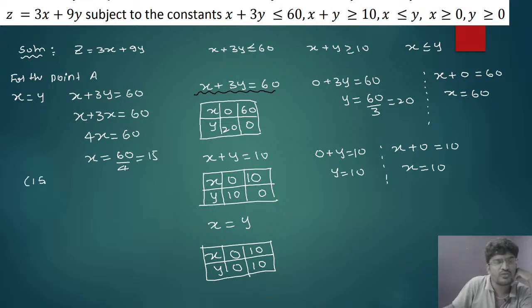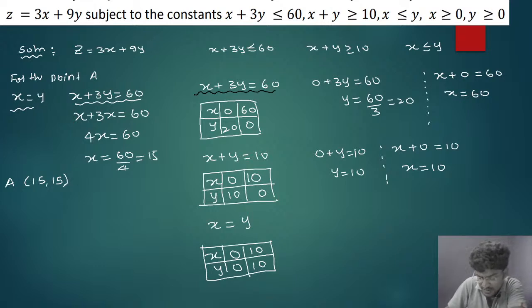Therefore, 15 comma 15 is your point A. These are the two equations which I have to solve. Since x is 15 and x is equal to y, y is also 15.